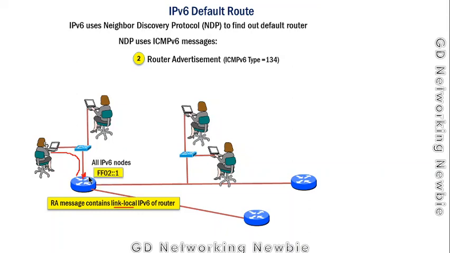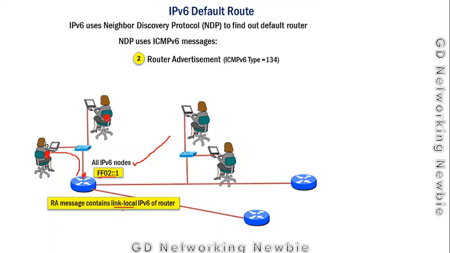The router can send that router advertisement specifically to that host machine, or it can also use a multicast address that indicates all IPv6 nodes. It means not only this host machine, but all of the host machines on the link can receive the router advertisement, and in it, of course, the link local address is there.